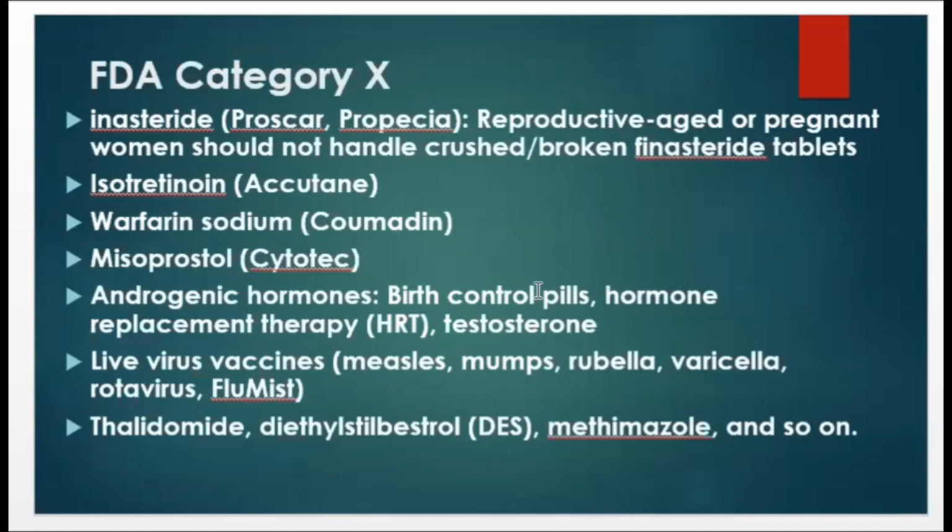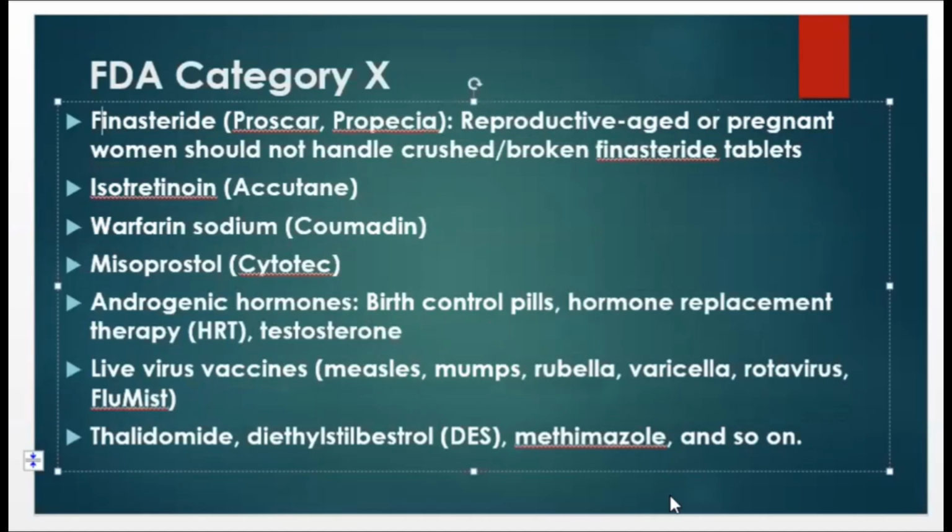They give it to patients with BPH, right? So this Proscar, a pregnant woman cannot touch it with a bare hand. That is what you will see in the option, Proscar. They cannot touch it with a bare hand, okay?